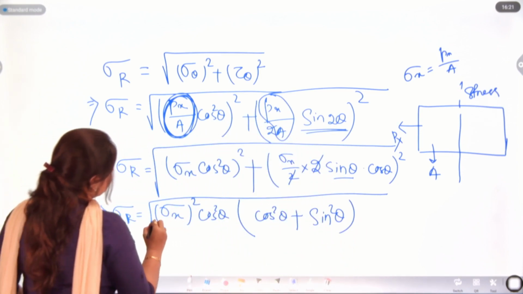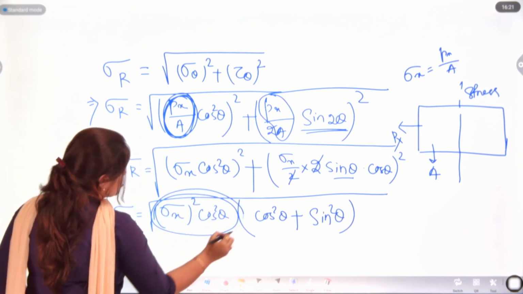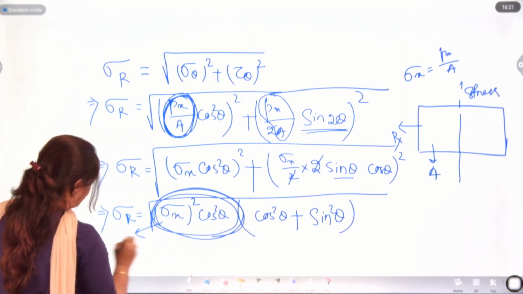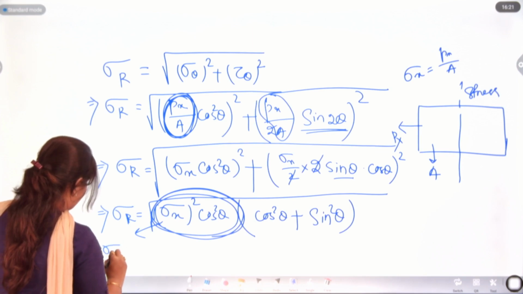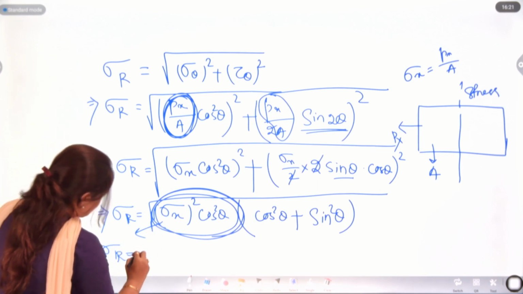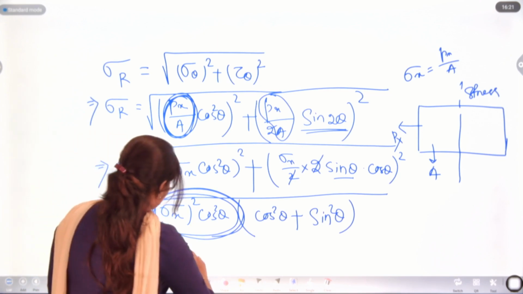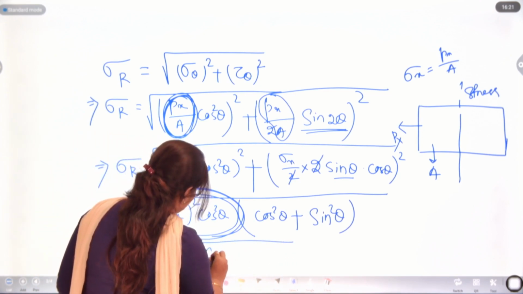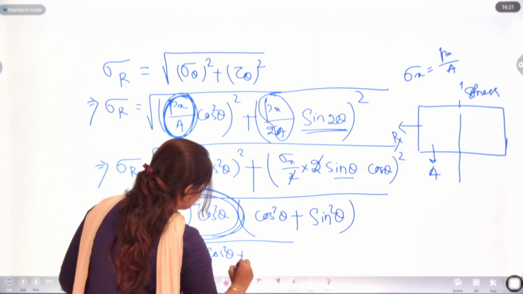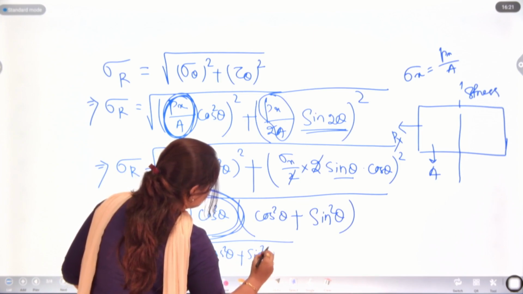If we take this part, we will have sigma x into cos theta under root of cos square theta plus sin square theta.